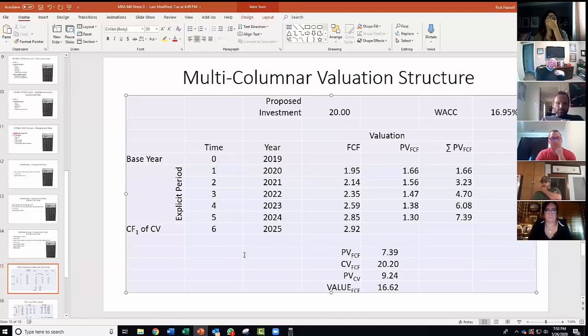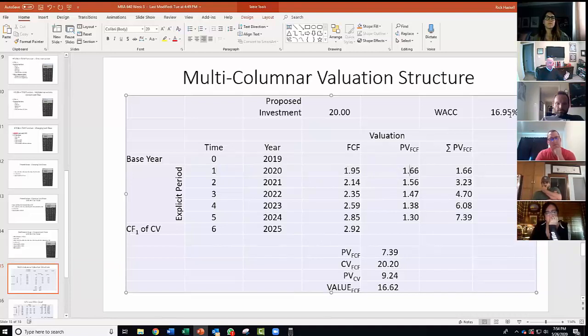I like seeing it all laid out like this. I could do all of this in a single cell in Excel, couldn't I? It would be a honkin' cell with lots of parenthetic statements, but I could do it in one cell. I don't want to. I want you to see what's going on here, okay? So in this case, I have calculated my free cash flows.